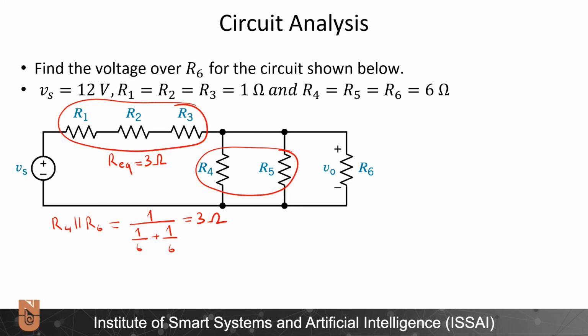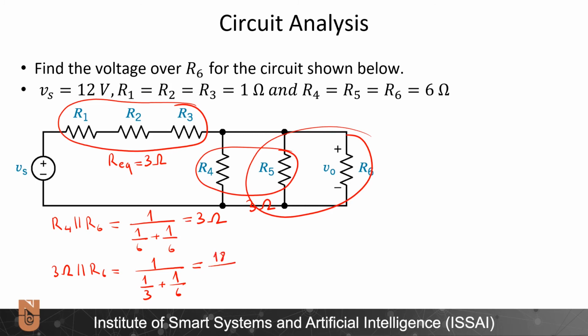And now, after I have here the 3 ohms, I can do the same operation with the R6. 3 ohms in parallel with R6 will be equal to 1 over 1 over 3 plus 1 over 6, which will be equal to 18 divided by 9, and 2 ohms. So this whole circuit accordingly reduces to this form.